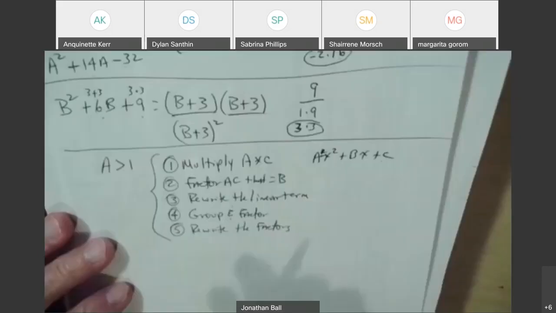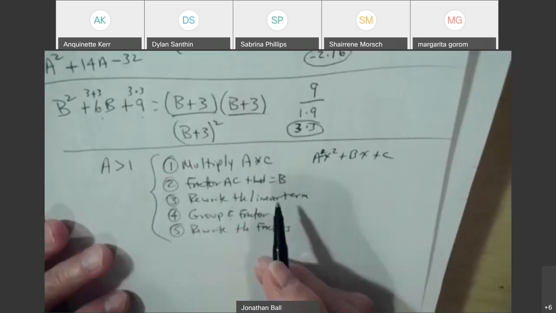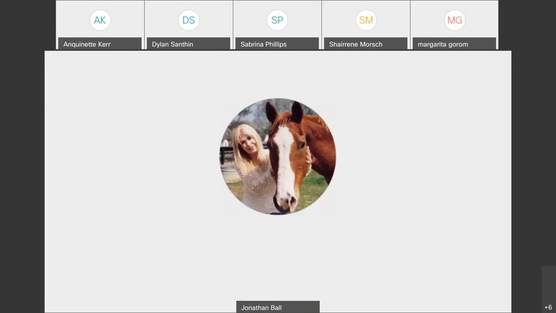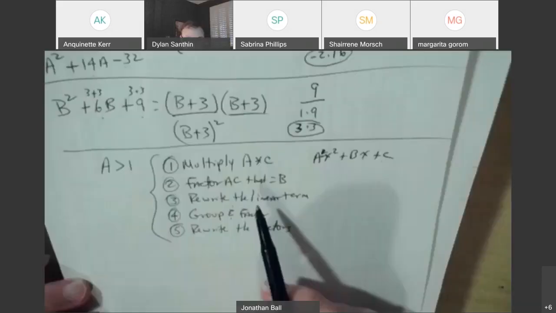Okay. This looks real difficult. It's really not. It's really not difficult at all. So what if we have, do y'all remember seeing a sheet on this? Sent it out probably several weeks ago. Ms. Clark?